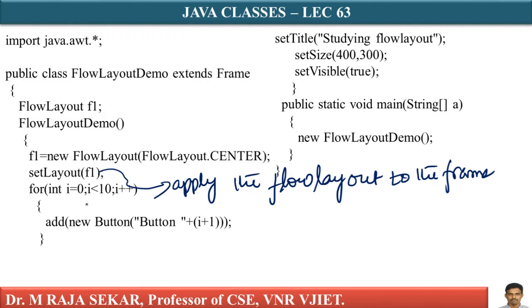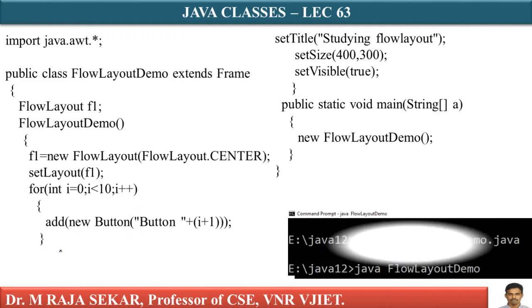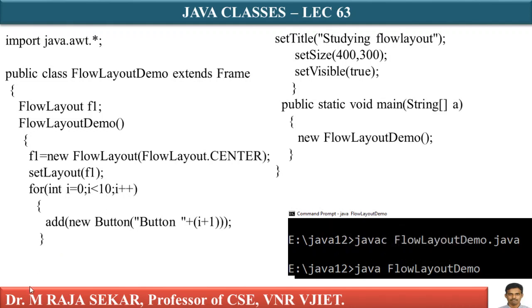Now what am I doing here? Just I am creating a button. How can I create a button? New Button. This is predefined class which is in AWT package. After creating button, I am giving name to it. Let me show the output so that one can understand. How can I compile this program?